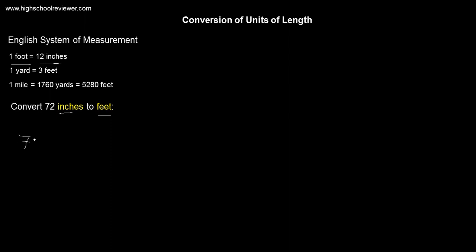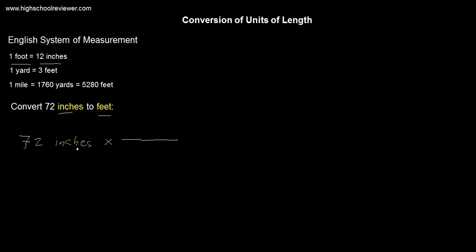So we have here 72 inches and then multiply this. We are going to put here a fraction. So there will be a numerator and a denominator. Now what are we going to put in the numerator and the denominator? We are going to put here the equivalent, 1 foot and 12 inches.